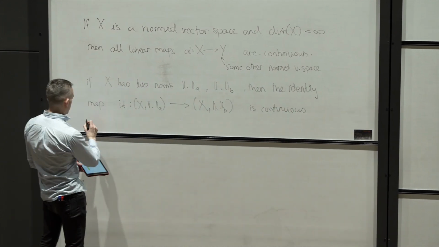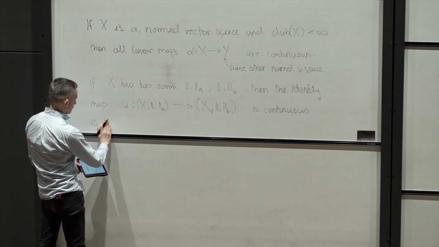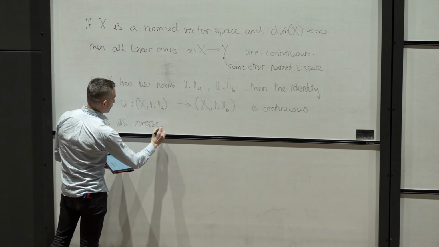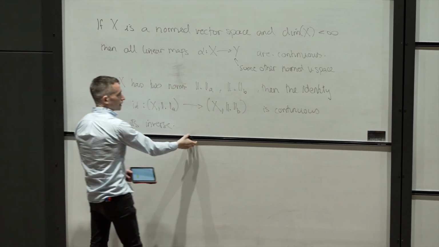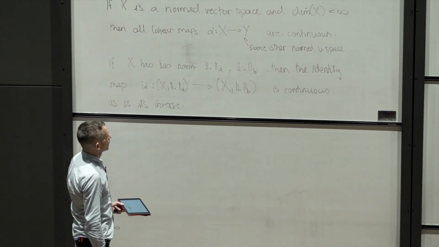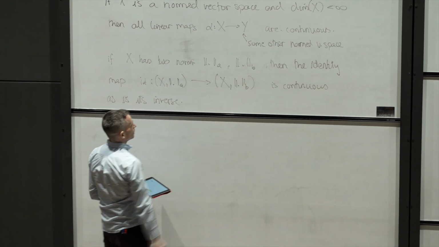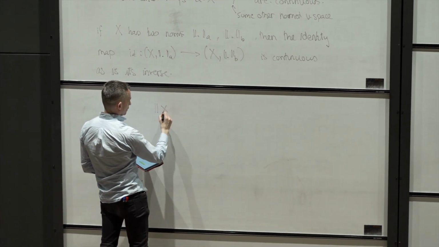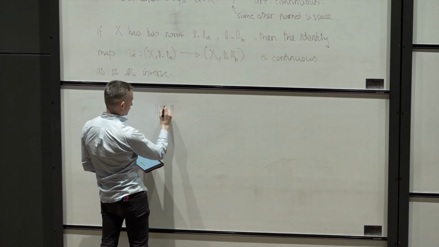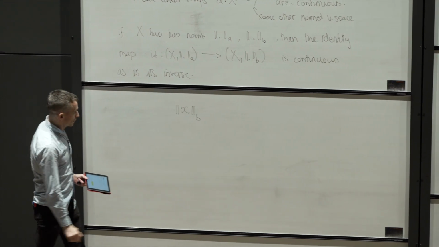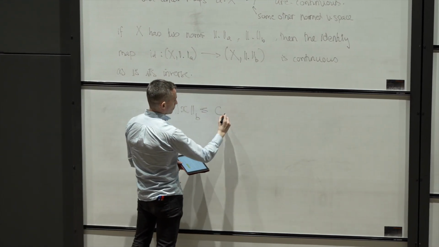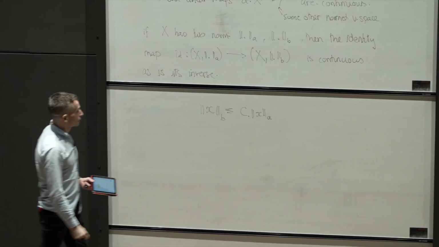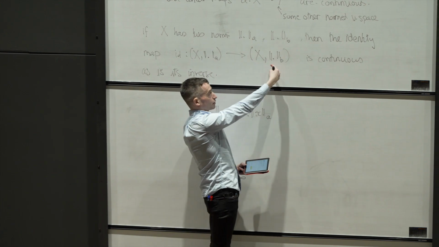As is its inverse, and that means equivalently that they're bounded. And so just to cash out what that means, it means that the B norm of the vector X is bounded by a constant times the A norm of the vector X. And that's using continuity of the identity map going this way.